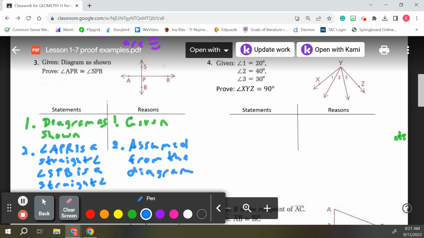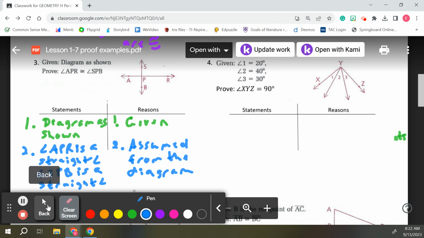Now, it would probably be really tempting to say APR and SPB are straight angles. Don't do that. Technically, these are two steps that you are combining into one because they have the same logic behind it, okay? You can combine these, but you have to individually write out, hey, SPB is a straight angle. Hey, APR is a straight angle, okay?